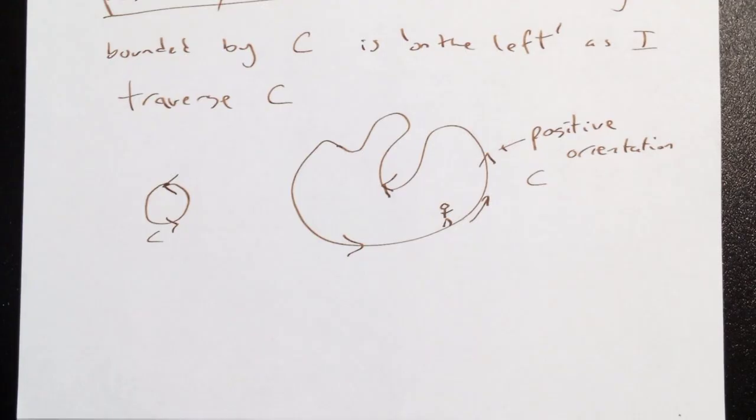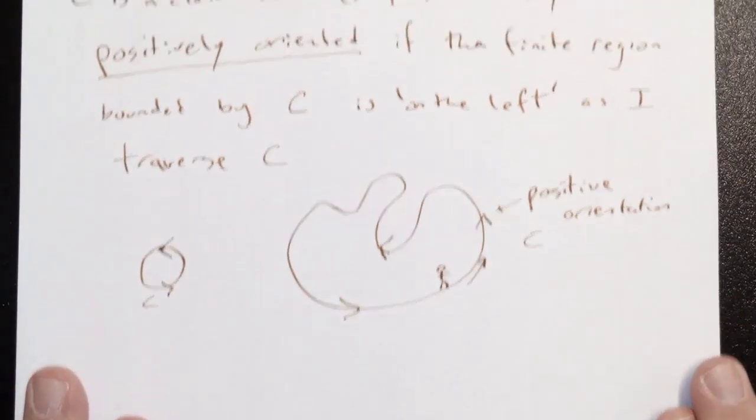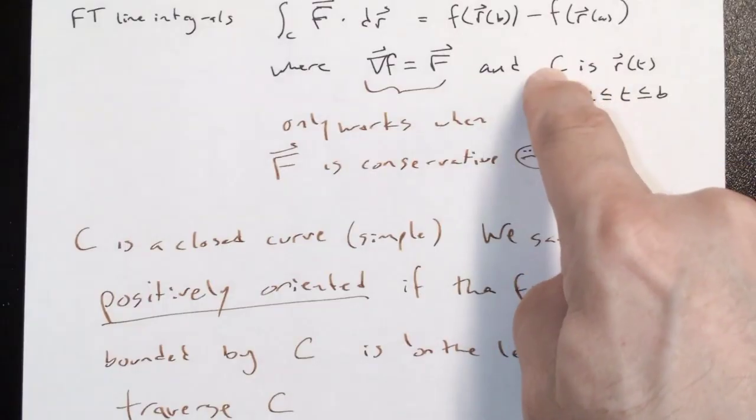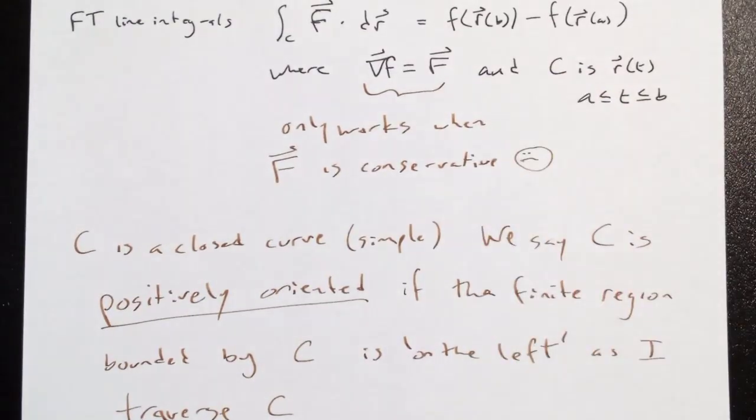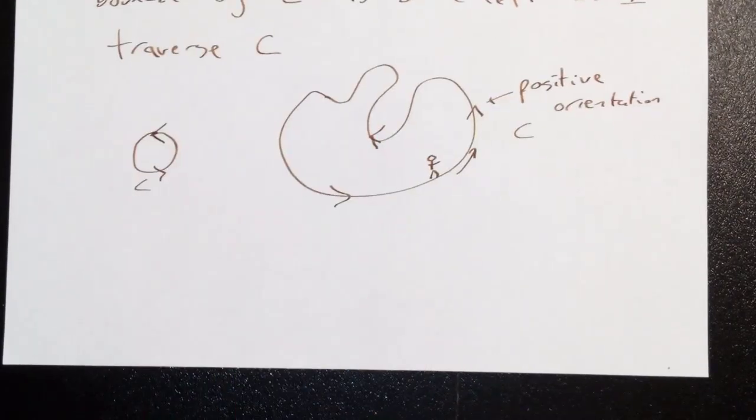I'm going to use this to try and answer my question. I can only do this version of the fundamental theorem when I have a conservative vector field. I also know that if I have a conservative vector field, what happens when I integrate on a closed curve?